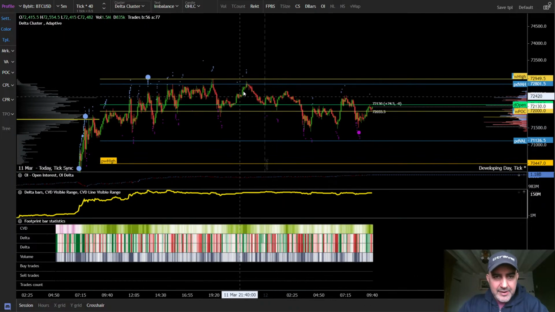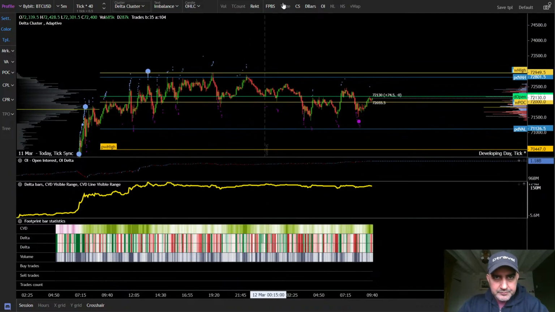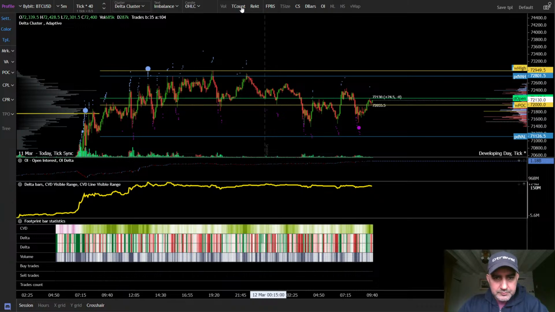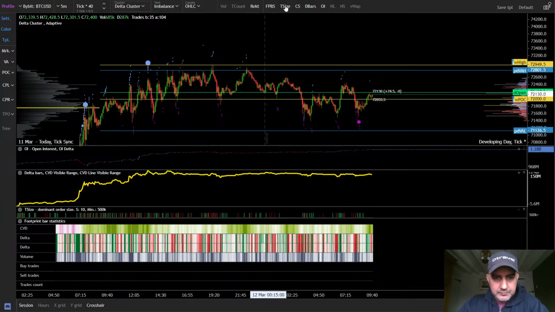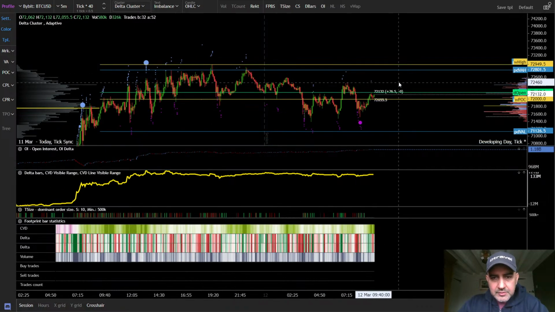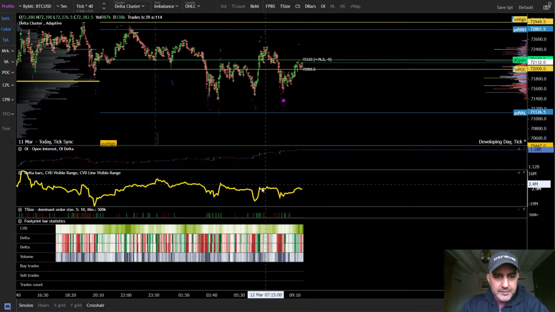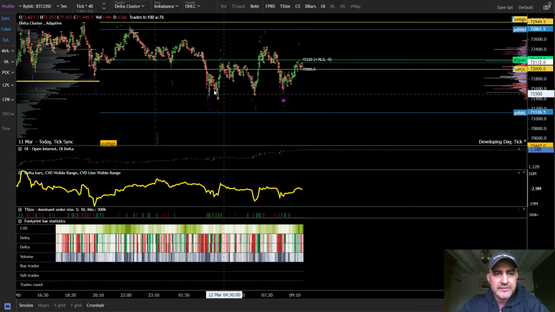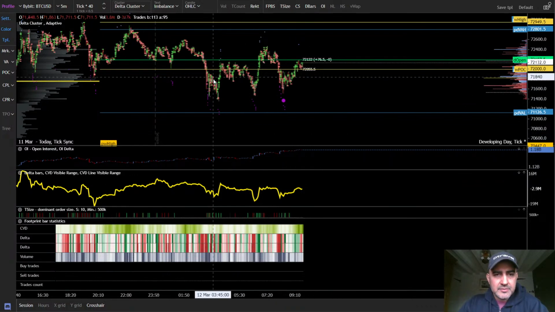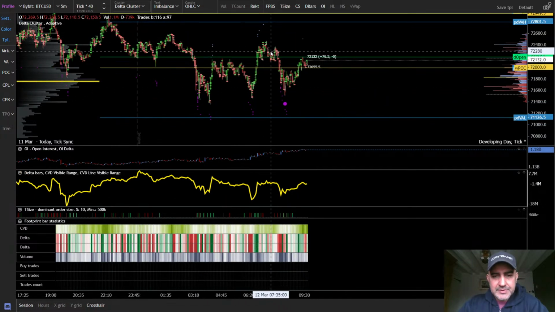You had a little bit of bearish CVD here. CVD going up, price going down, and now at the low here, we had bullish CVD, CVD going down, price staying up, which caused this kind of bounce.